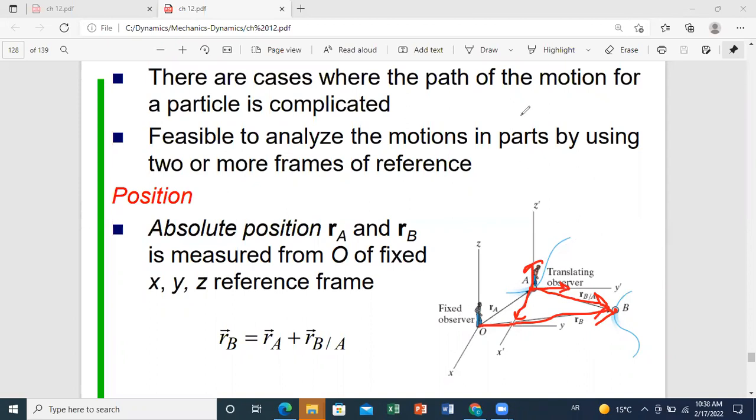To be able to relate measured velocities, we will first relate position vectors.